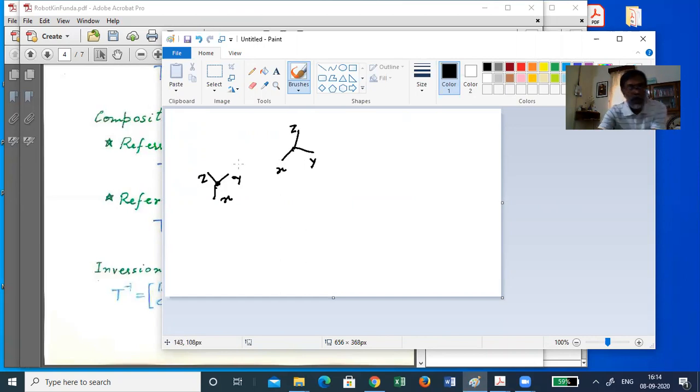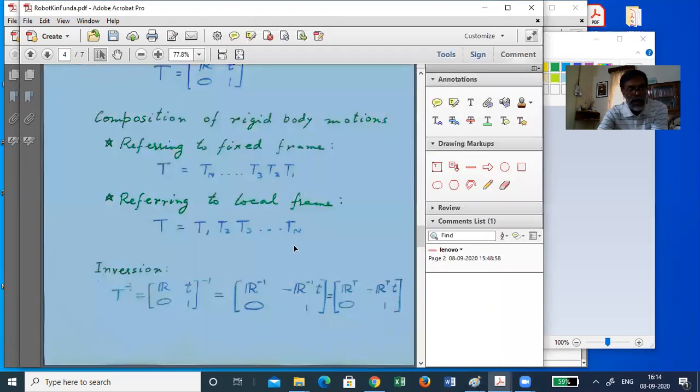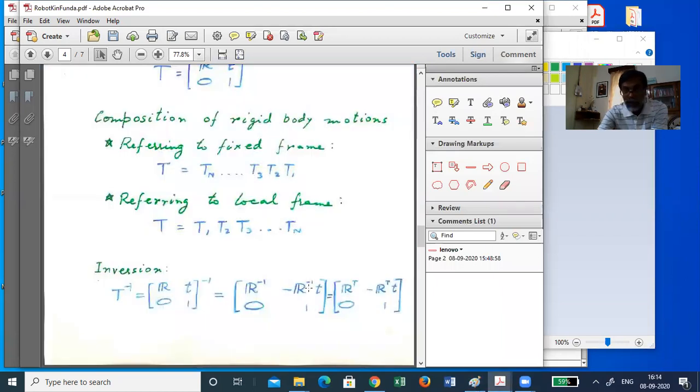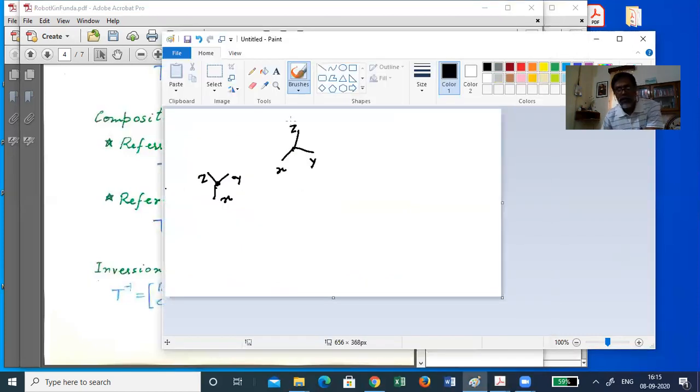Now, after we have come there, what should this represent? By what amount we have to go back, okay, to reach the old configuration. So from this position to this position we want to go back.